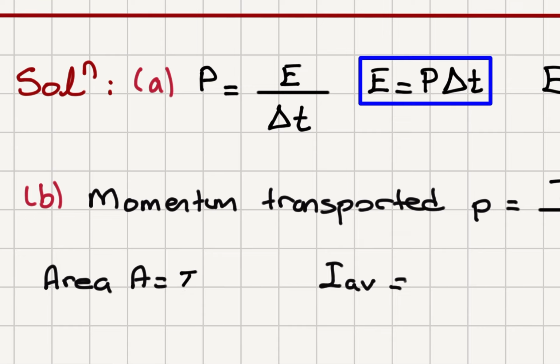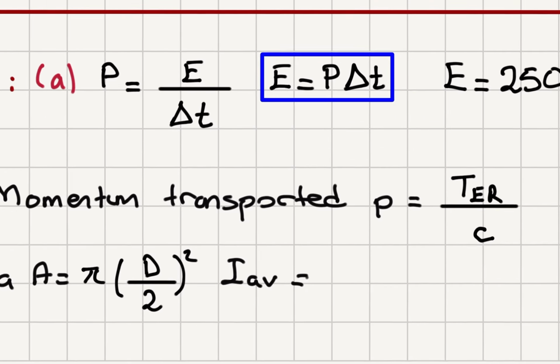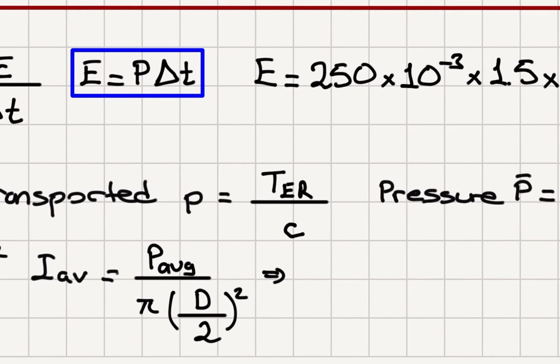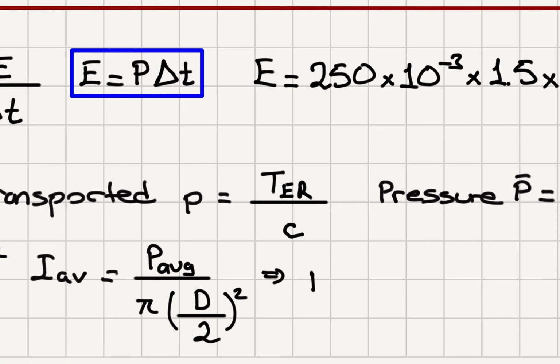It is pi times the radius squared, which is the diameter divided by 2, squared. Therefore, the average intensity is the average power delivered divided by pi (d over 2) squared. From this, we can calculate the average pressure being exerted.